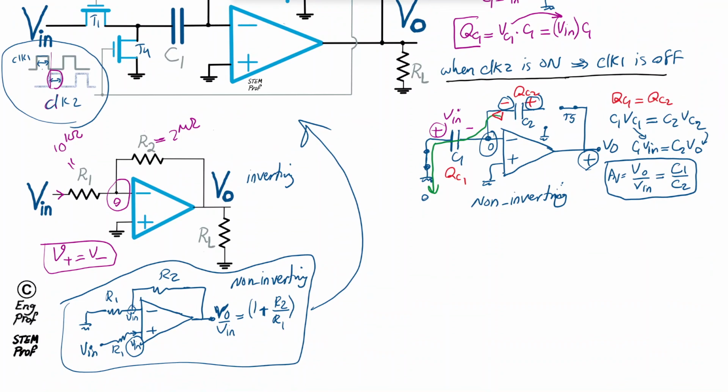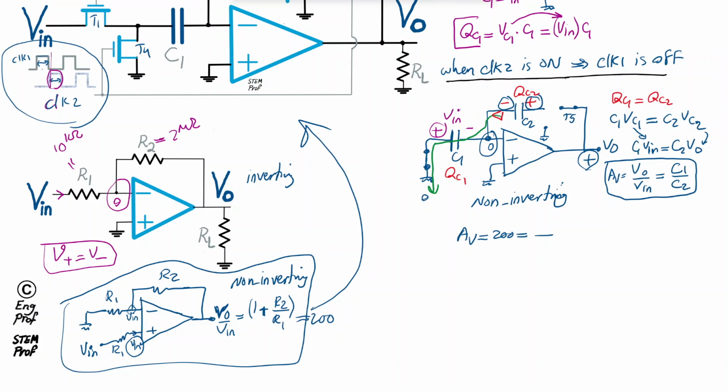So if you were interested to realize a gain of 200 that we showed is problematic with respect to size of resistors, now with this one it's going to be super simple, because if we say AV is desired to be 200, then I can set C1 and C2 like this, because the ratio of C1 over C2 defines the gain.